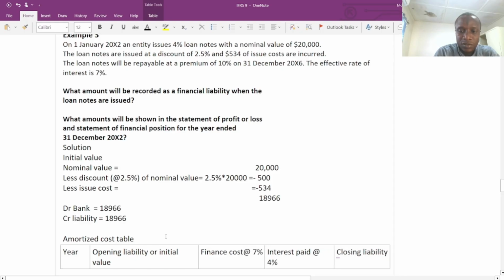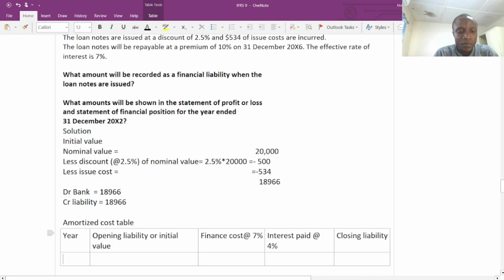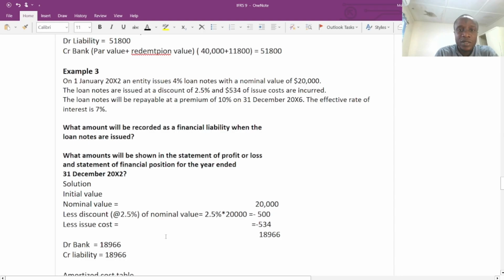How many periods? From 1st January 20x2 to 31st December 20x6 is 5 years. We are going to do this for 5 years.